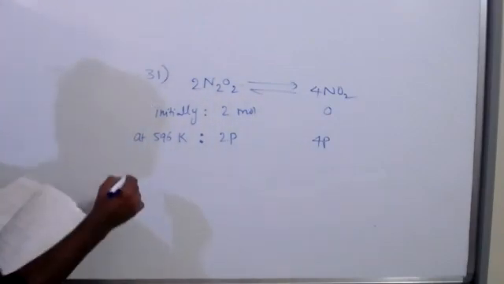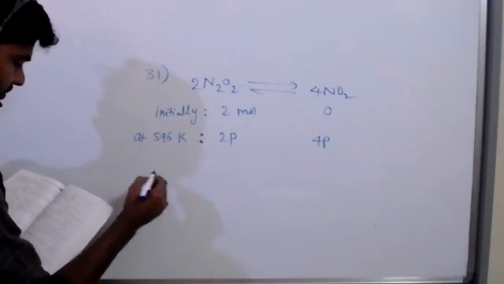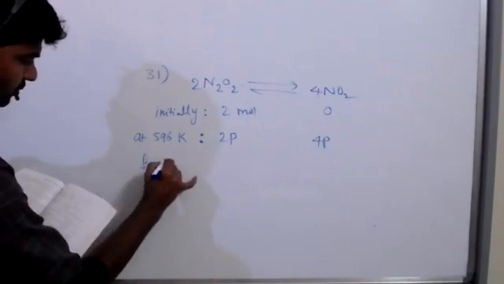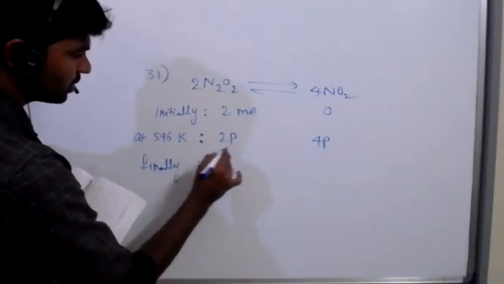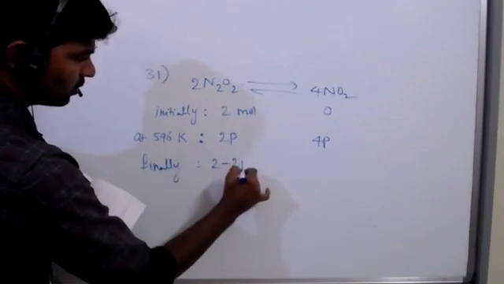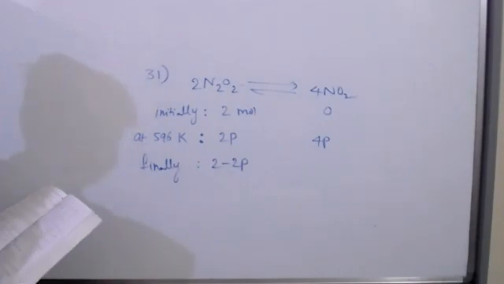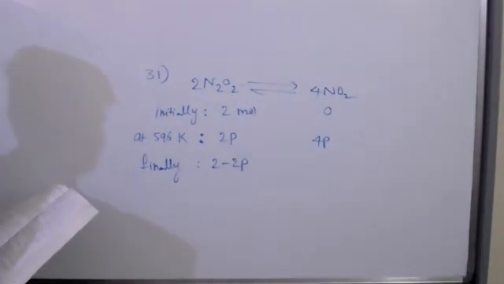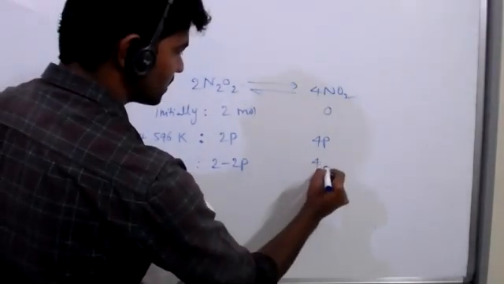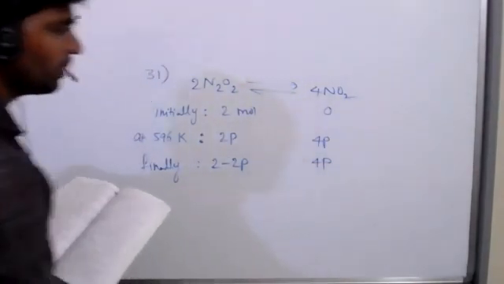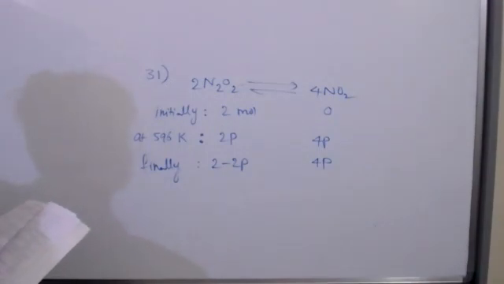Next, finally, from 2 moles, 2P if it reacts, 4P, sorry, not moles, partial pressures. 4P of pressure is produced because of NO2.